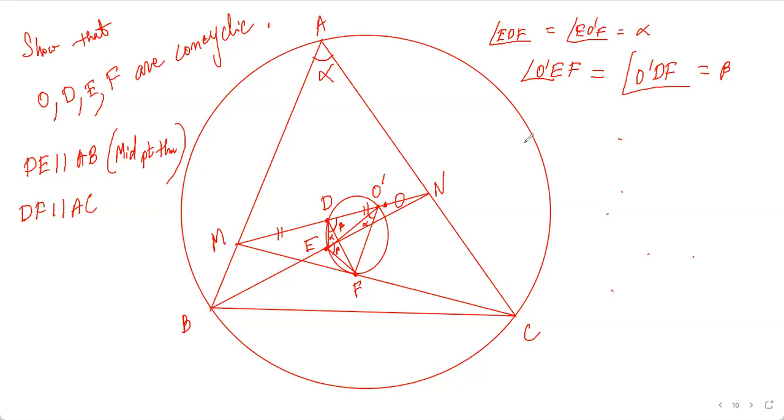And now look at the angle ANM. Can I say that that is also beta? Just extend DF, you'll get it.